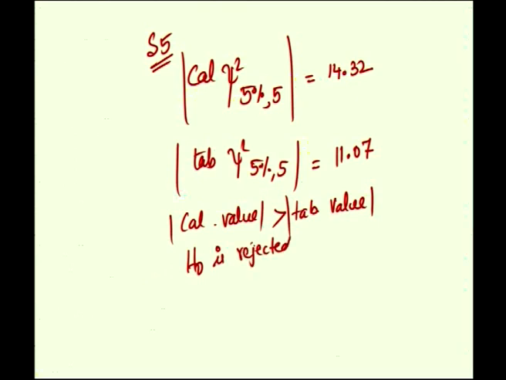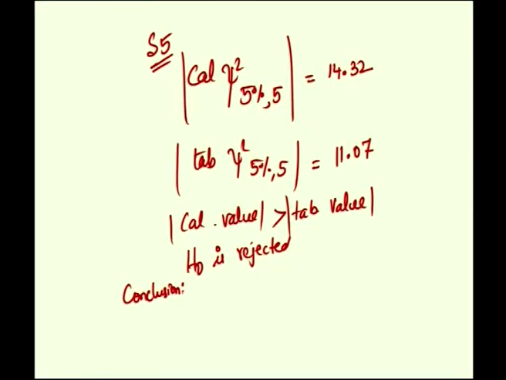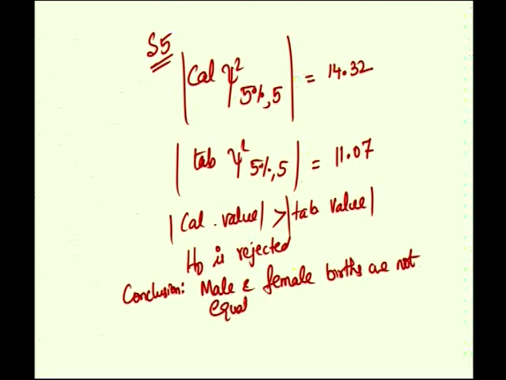When H naught is rejected, we say that male and female births in that particular locality are not equally probable. Okay. So, the conclusion is male and female births are not equally probable. Okay. So, we have answered the question.